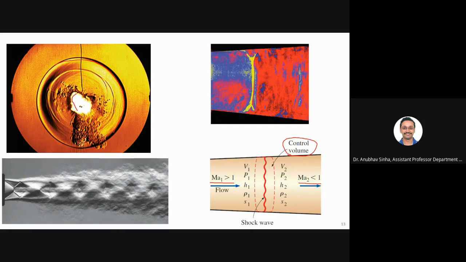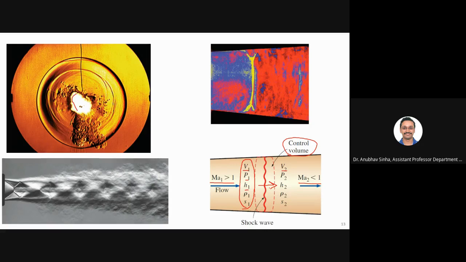Then this velocity will be very different from this. Pressure, enthalpy, all these properties change drastically across this shock. That is the unique feature of a shock that does not have any similar behavior in subsonic flow. In subsonic flow, you will never see this type of behavior, which makes this unique.